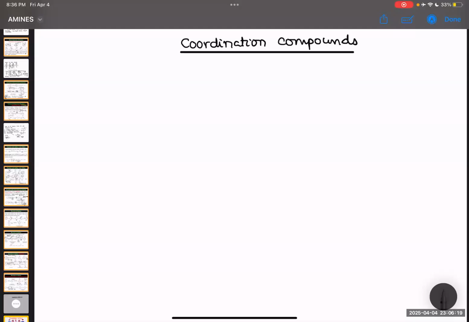There are double salts and there are coordination complexes. What is the difference? What's the difference between the double salts and complexes? Any idea?